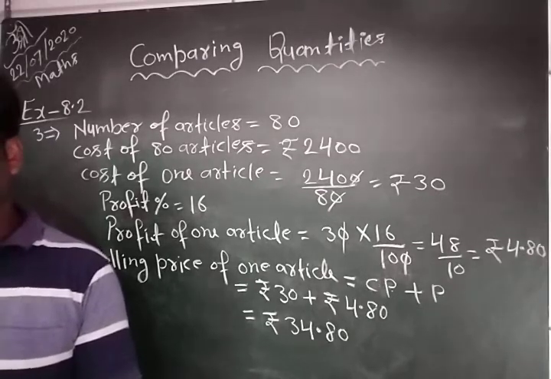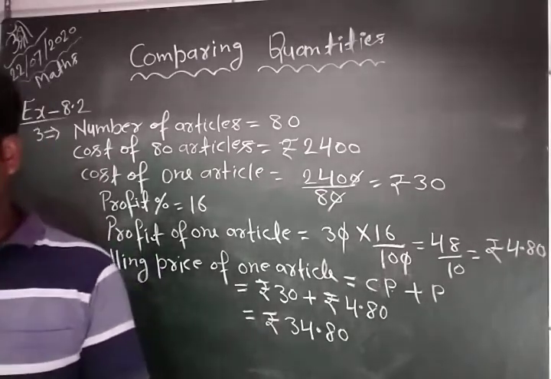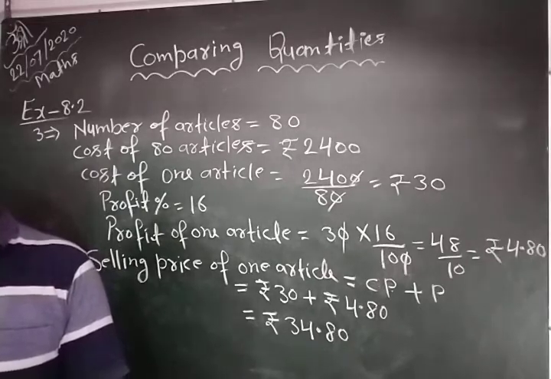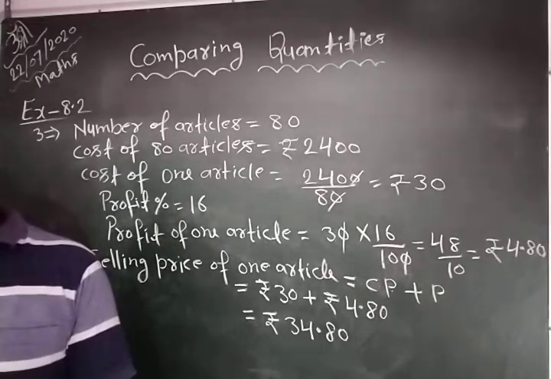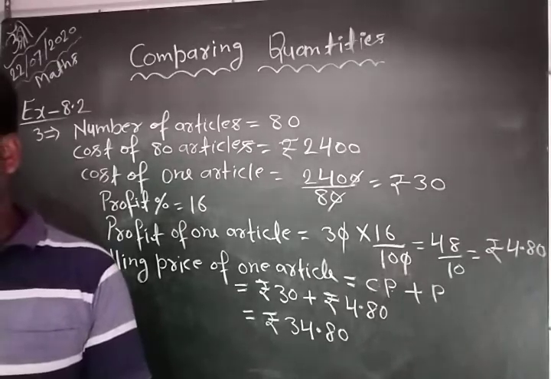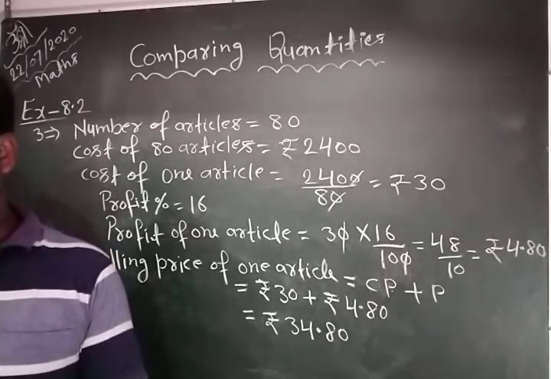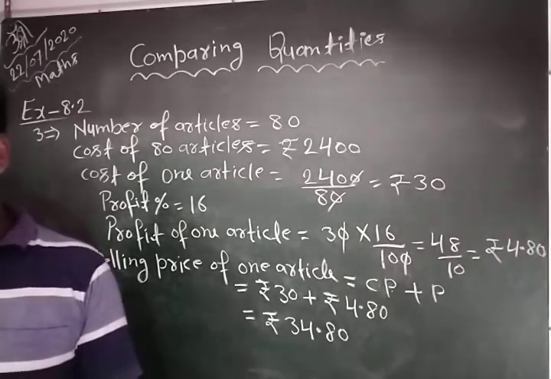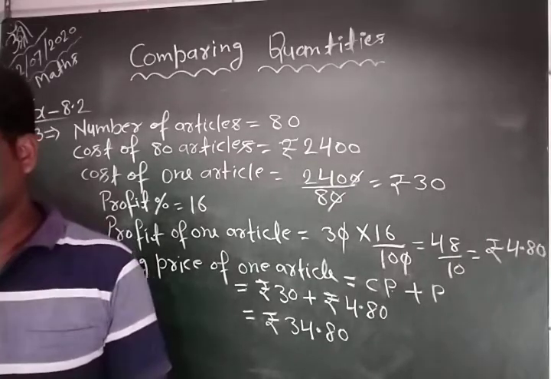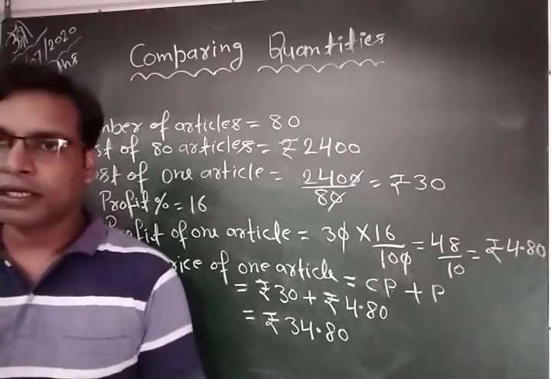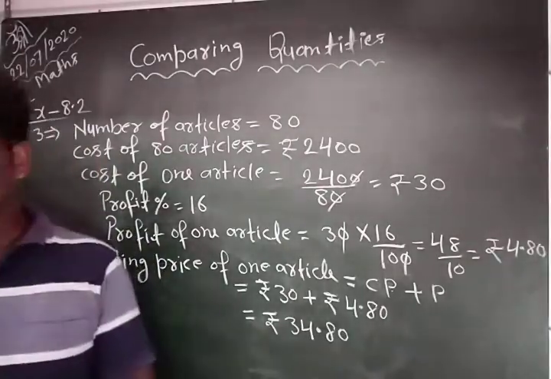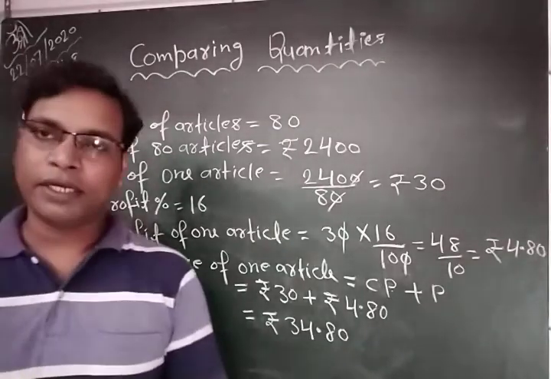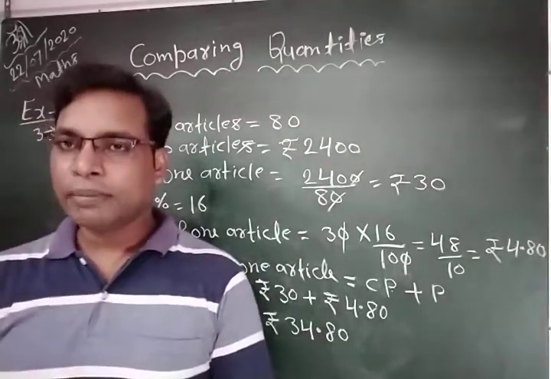Question number 4. The cost of an article was 15,500 rupees. Rupees 450 were spent on its repair. If it is sold for a profit of 15%, find the selling price of the article. So here the cost of the article is given, 15,500. After this he repaired it.